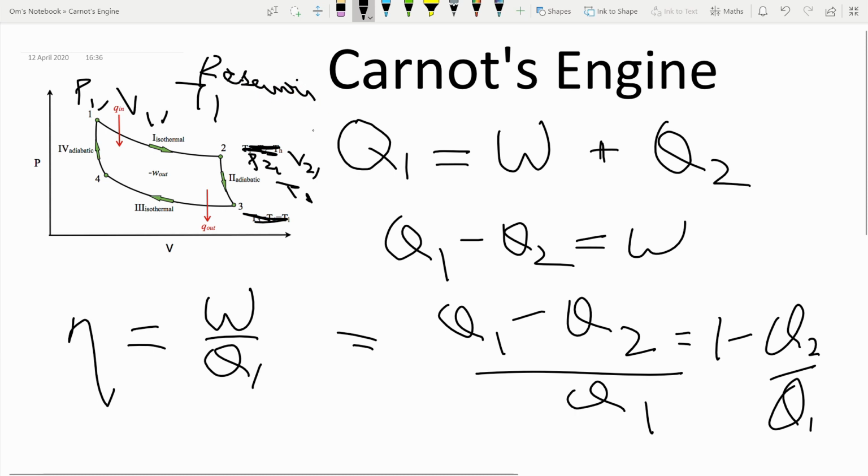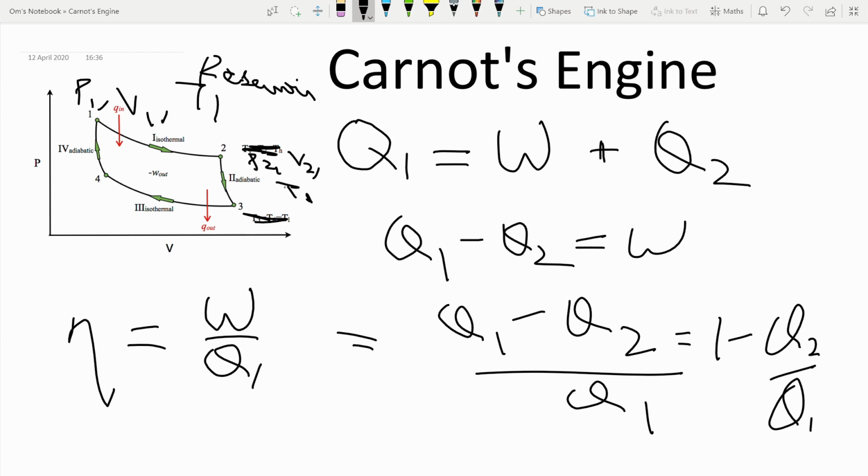And what actually happens is that while the engine is going under isothermal expansion, that is, it is expanding at the same temperature very slowly, it's taking in heat from this reservoir and is slowly expanding. But when it takes in heat, it is not necessary that there should also be a change in temperature.